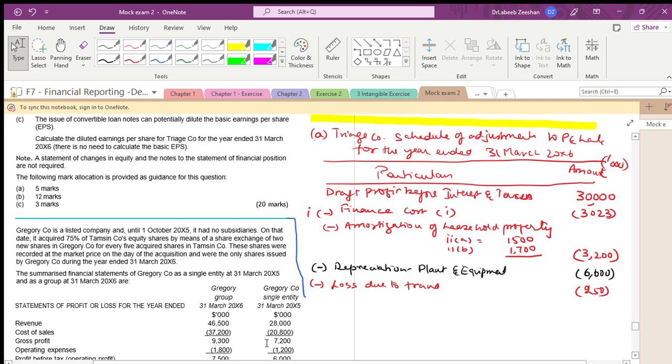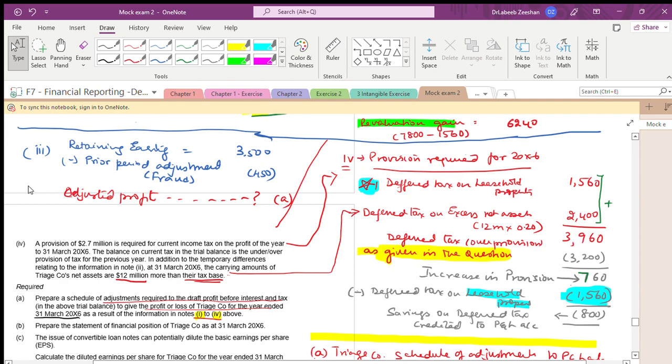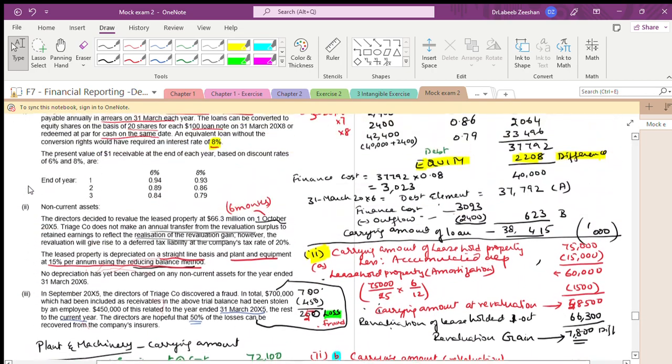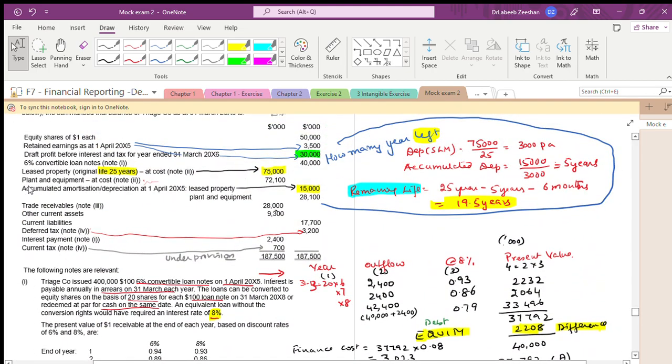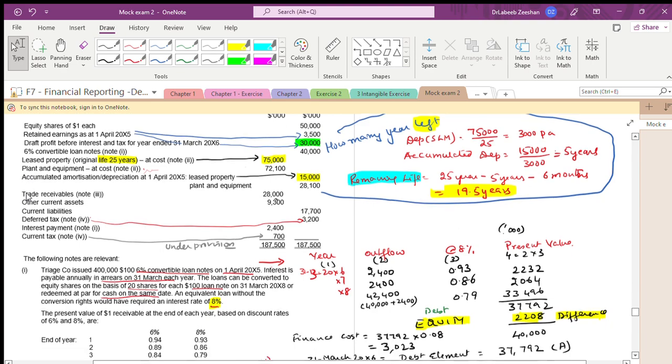Now, income tax. How much is the income tax? Current tax is 700. How much do they need?